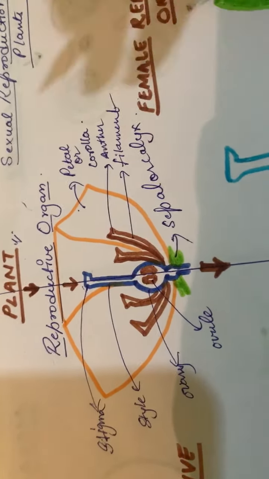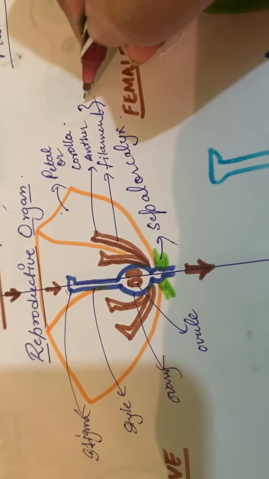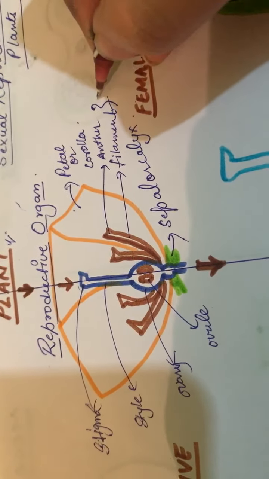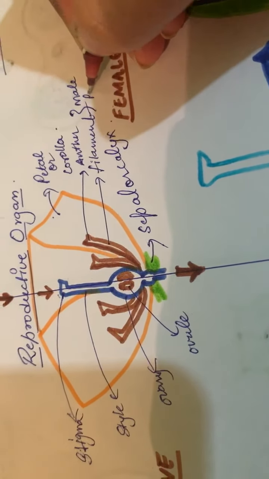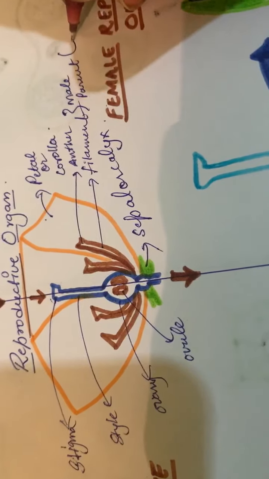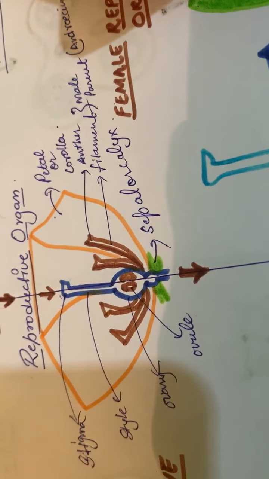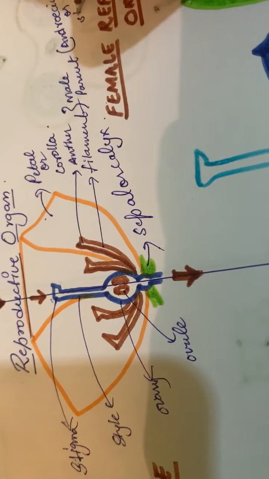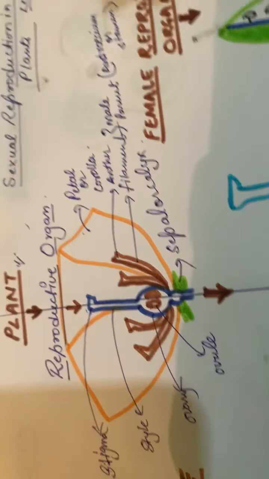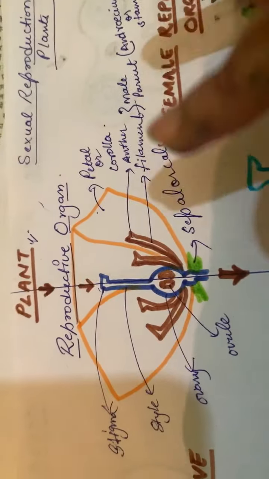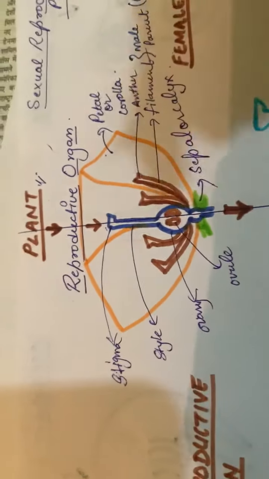If we see here, the anther and filament are both part of the male part. What is the name of the male part? That is androecium or stamen. Secondly, the female part is stigma, style, and ovary.